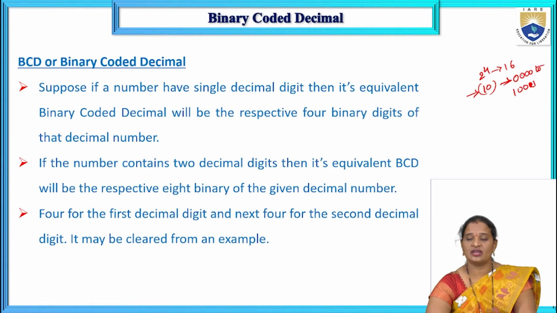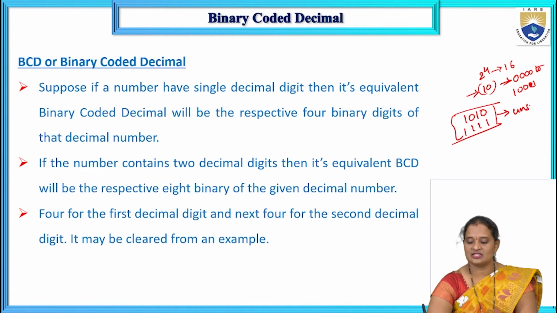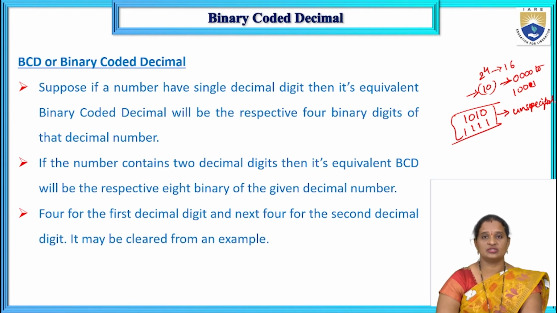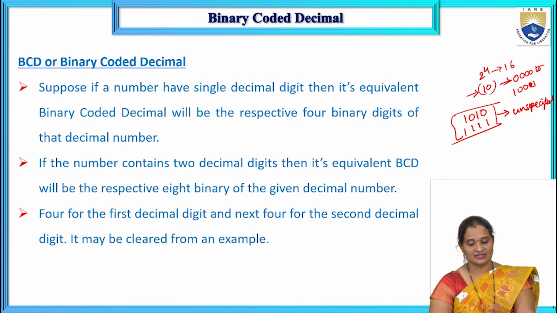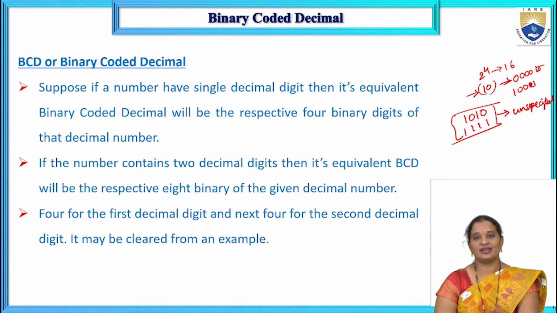So what about the remaining combinations? 1010 to 1111. These combinations are unspecified in BCD. Suppose we have a single decimal digit, then its equivalent binary coded decimal will be the respective four binary digits of that decimal digit.